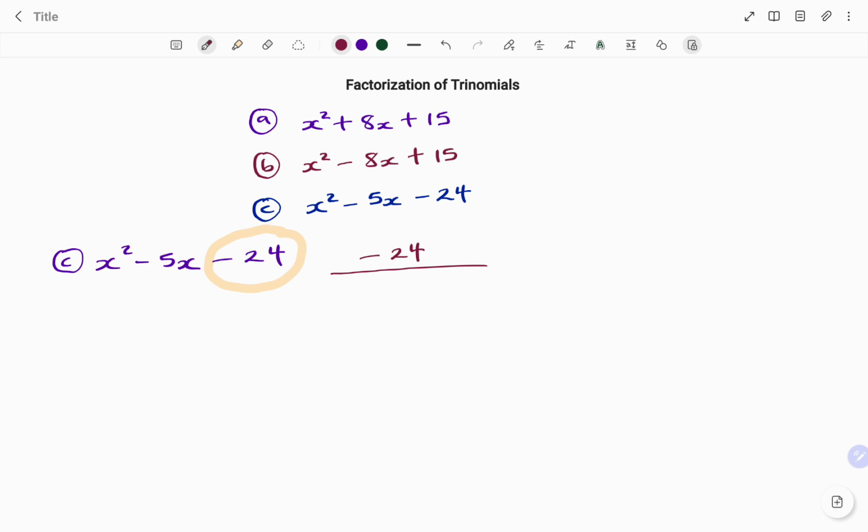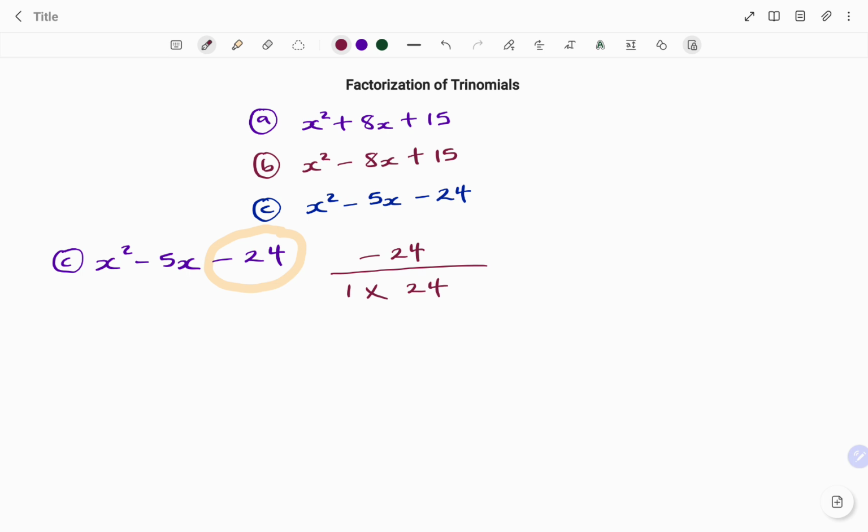So factors of 24, I have 1 times 24. Note that the last term is a negative number, that's my constant, and if I have a negative number as my constant, then we use the difference between the factors.